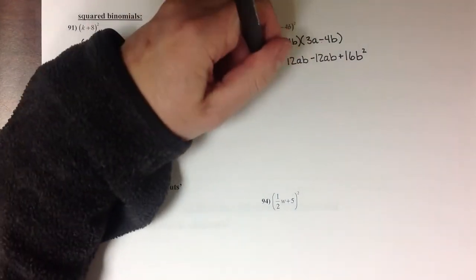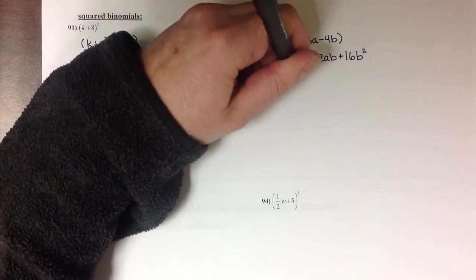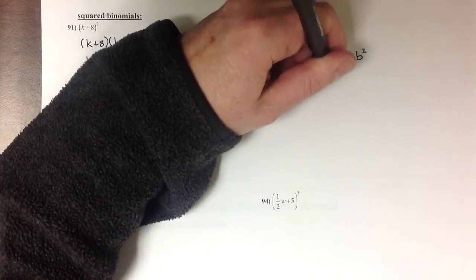And combining our center terms again, 9a squared minus 24ab plus 16b squared.